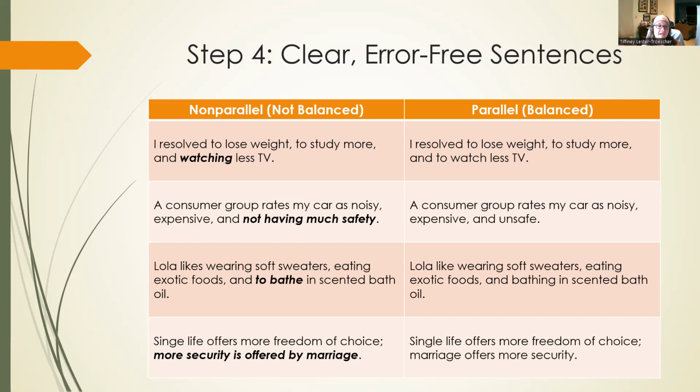But we want that structure to be the same throughout that list. So what it really should have been was this over here. I resolved to lose weight, to study more, and to watch less TV. It's a very subtle thing, but when you're using parallel structure, it is a better experience for the reader.